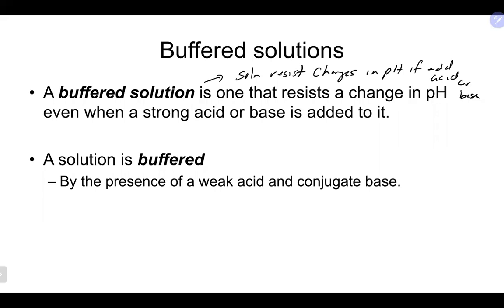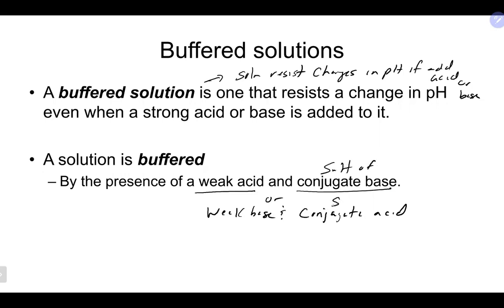The reason it's able to do that is what makes up a buffer. A buffer has to be made up of a weak acid and its conjugate base, or a weak base and its conjugate acid, sometimes referred to as the salt of its conjugate base or the salt of its conjugate acid.